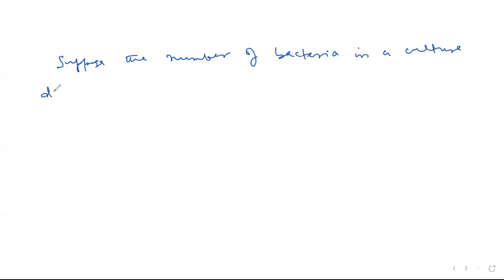Suppose the number of bacteria in a culture doubles every hour.